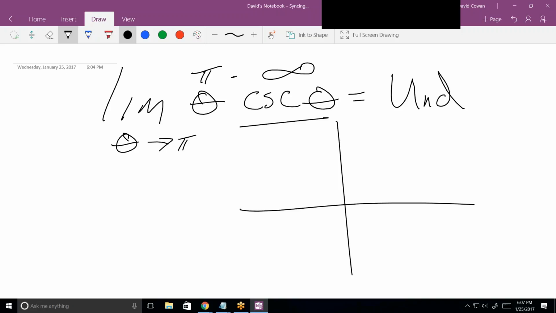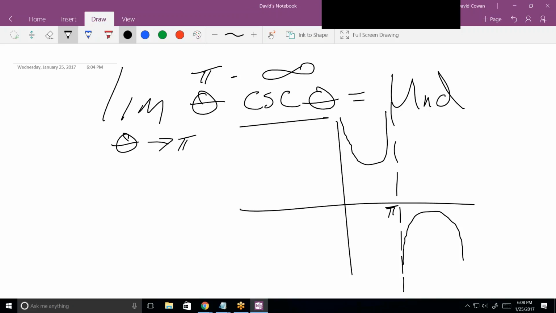In other words, the cosecant curve looks like this with vertical asymptotes at pi. Your vertical asymptotes are always wherever sine is going to be 0. Sine is 0 at 0 and sine is 0 at pi. So cosecant is going to be infinite.